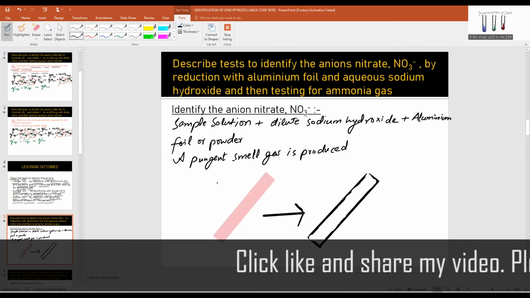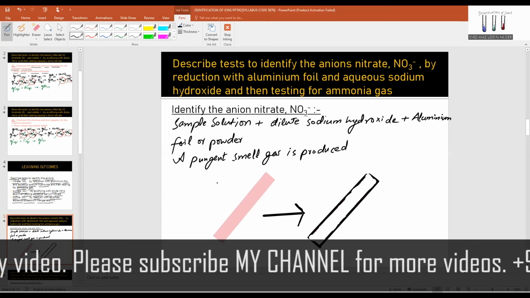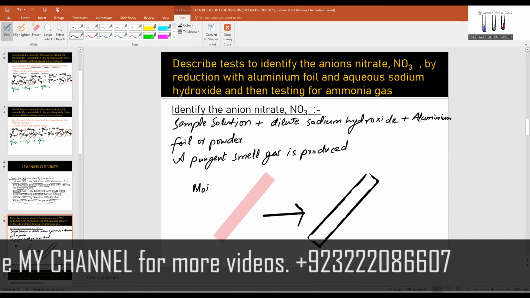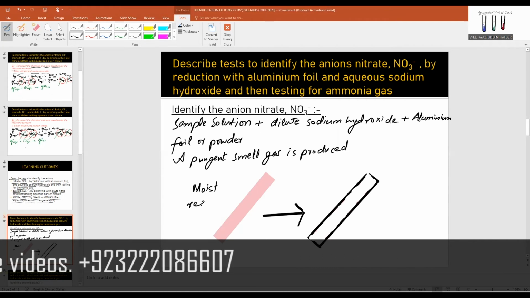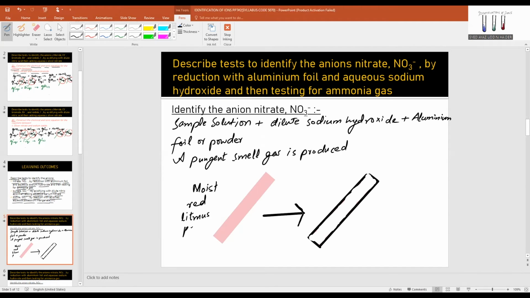That is, it turns moist or damp red litmus paper blue, like this. This is moist red litmus paper, and it will turn blue like this.